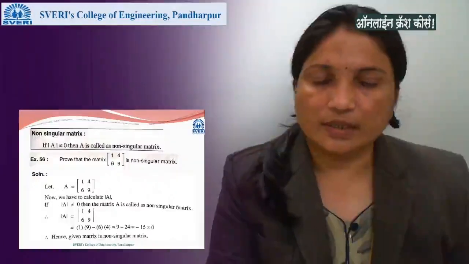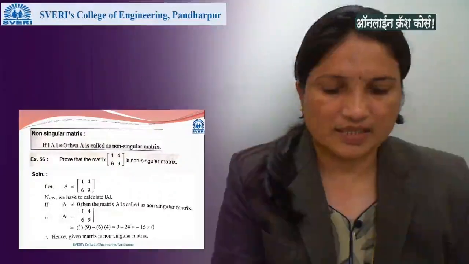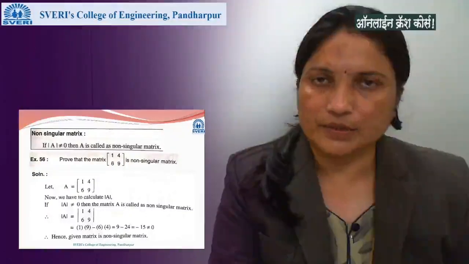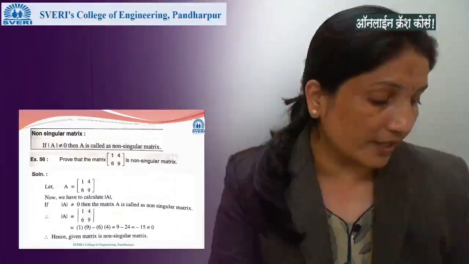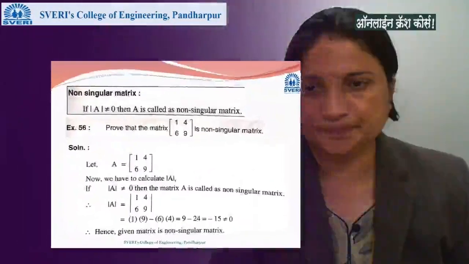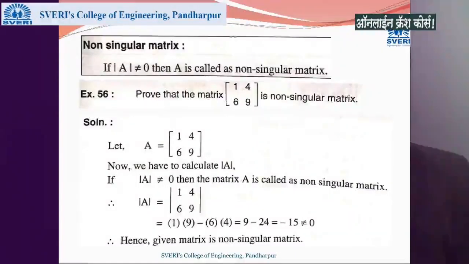Similarly, we are going to see the non-singular matrix. Earlier I said, if the determinant of a matrix is not equal to 0, then it is non-singular, and it is also known as invertible. Okay, so let us look at that. For example, the matrix A with elements 1, 4, 6, 9 is a non-singular matrix.